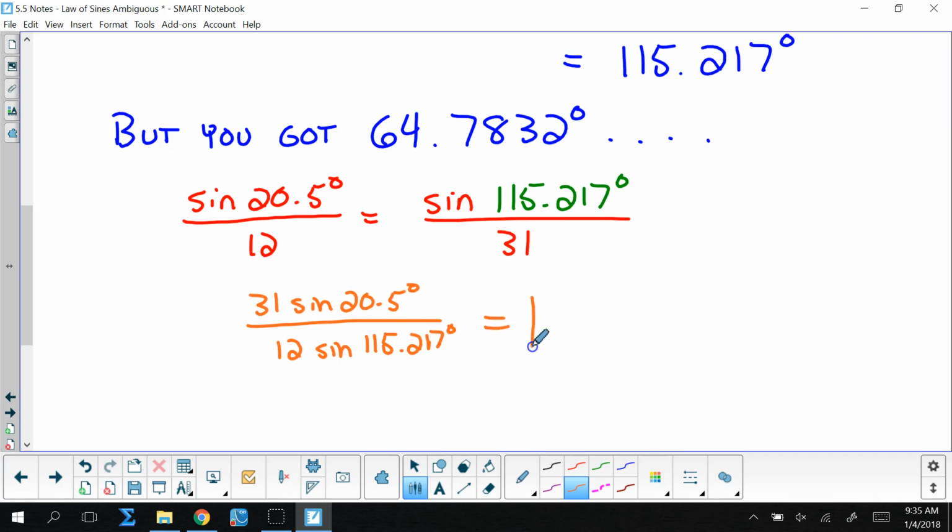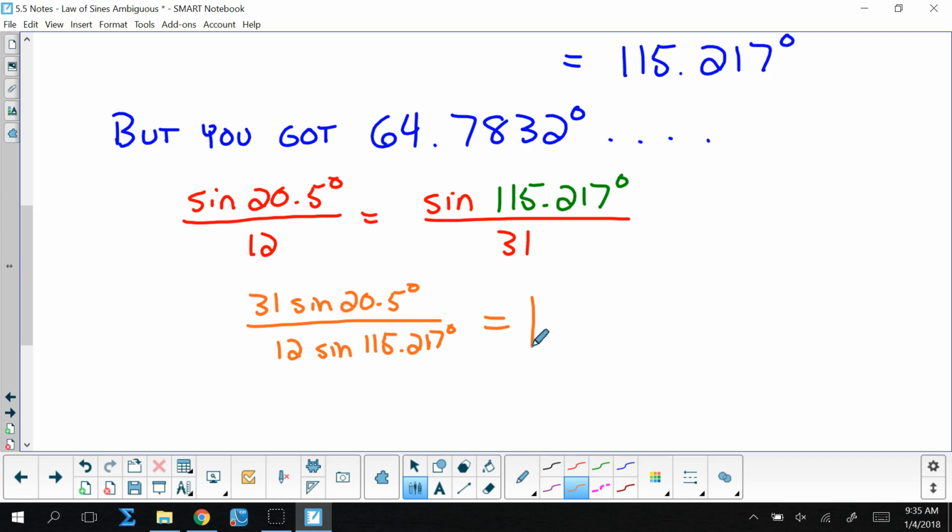How do you change the calculator from radians to degrees? Go into the menu section, or just use the degree symbol. Since you're dividing everything out, it should equal 1. Yes?